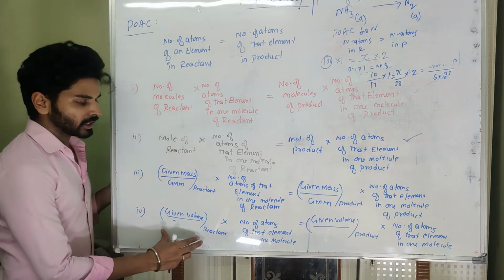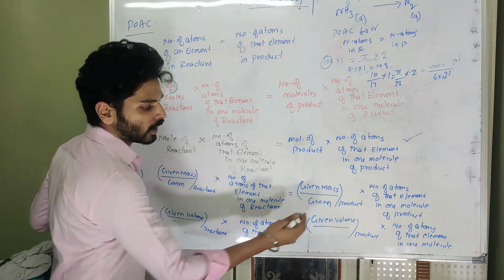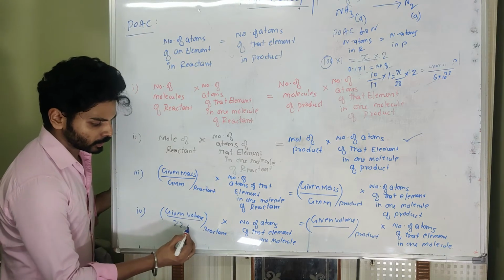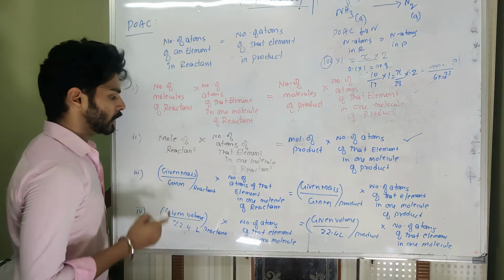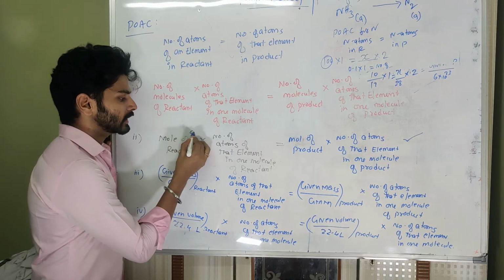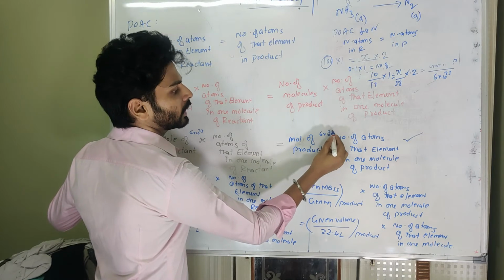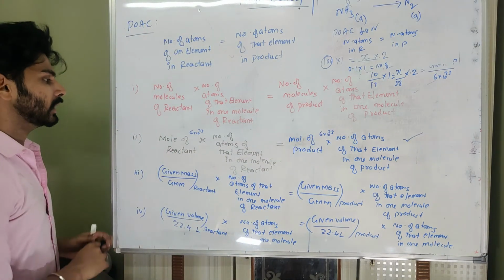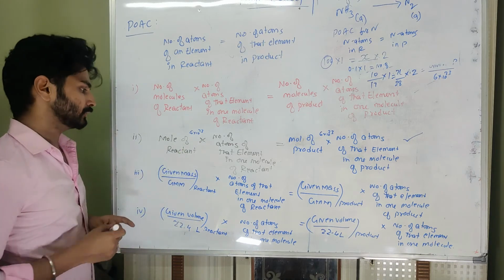But if you keep here given volume upon 22.4 and here given mass upon gram molecular mass, then you have to keep this 22.4 liter. Here also same thing, mole into 6 into 10 raised to 23. You have to keep it if you are interchanging these formulas.